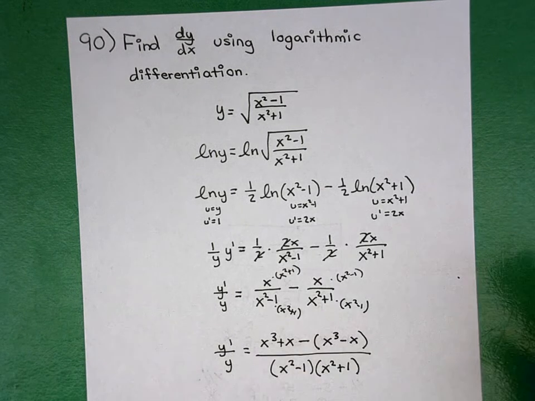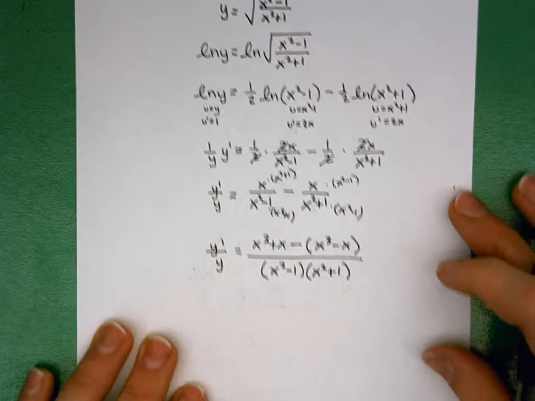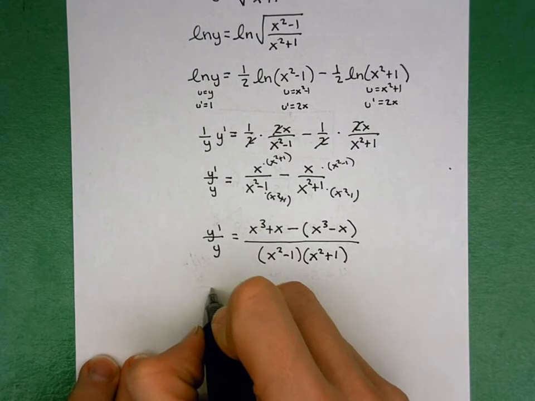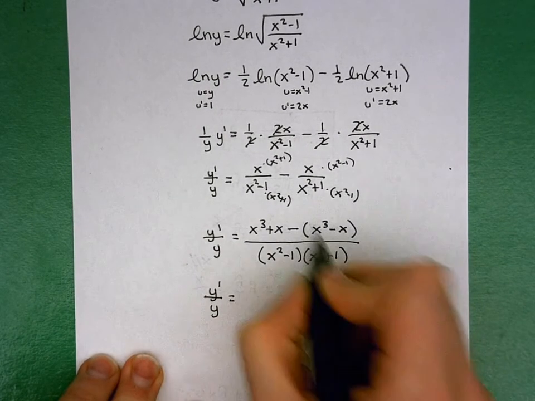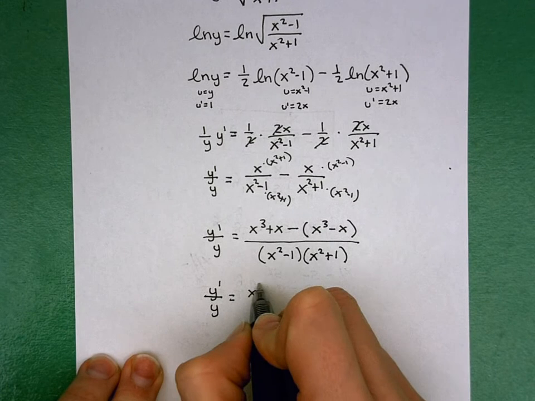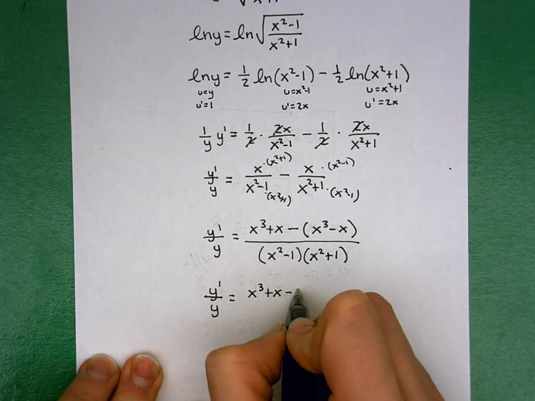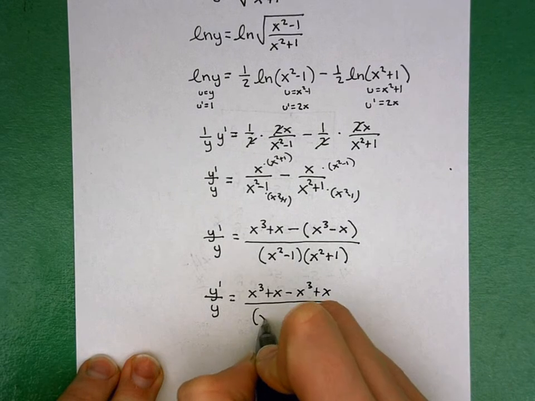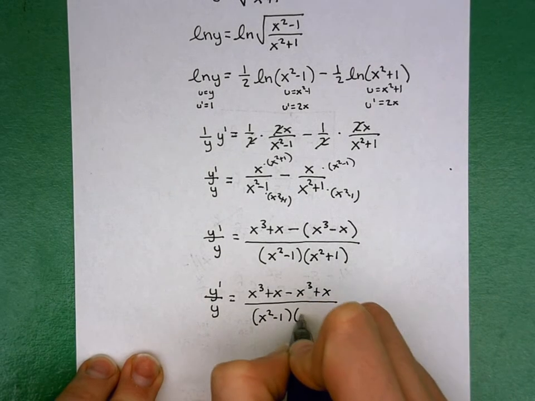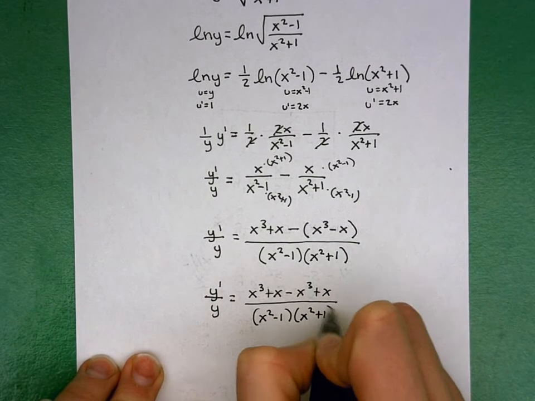Again, I can still clean this problem up a little bit. So I'm going to leave this as y prime over y equal to, distribute that negative in, we have x cubed plus x minus x cubed plus x, all over the quantity of x squared minus 1 times the quantity of x squared plus 1.